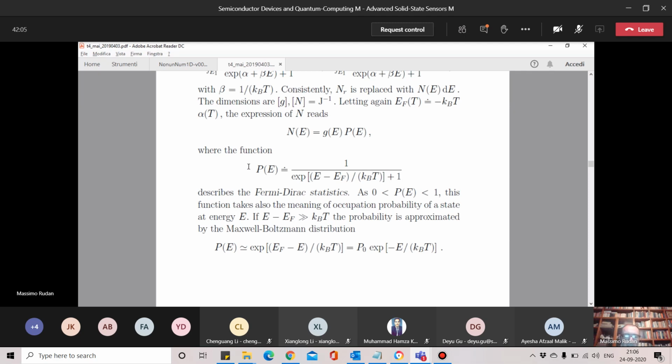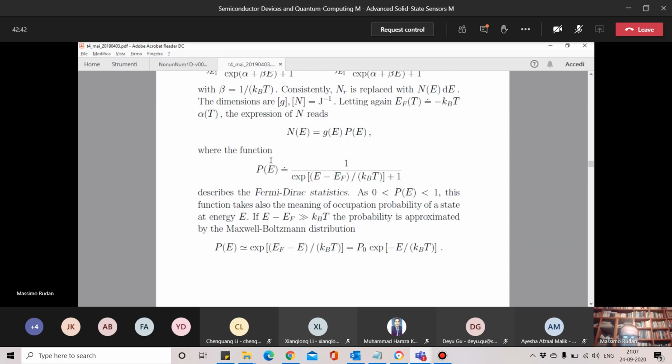Since the electrons are very many, in doing this calculation, at some point we forget that the energy levels are discrete, okay? Because there are so many that we consider them as continuous. But remember, the energy levels are discrete. You see immediately that the denominator is larger than 1 because it is 1 plus an exponential.